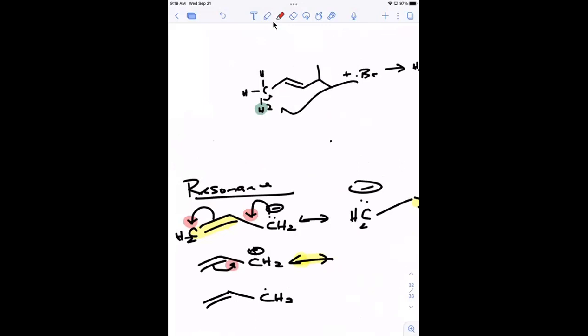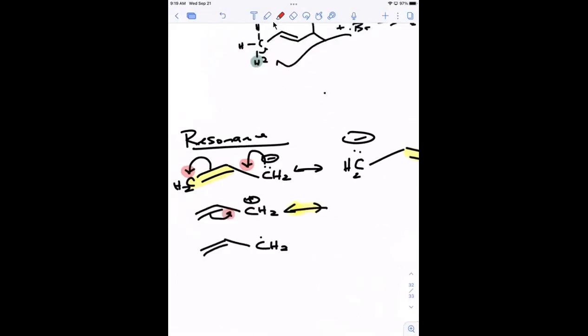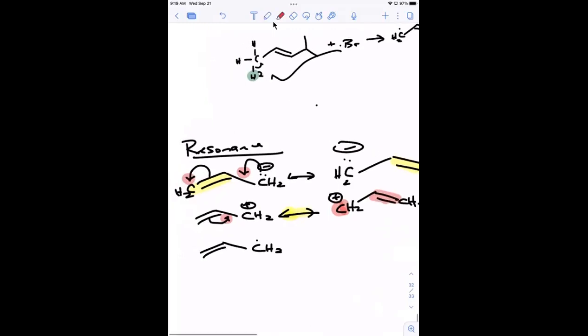So when I'm pushing arrows, I'm either going to use an arrow that indicates moving 2 electrons or 1 electron. So here I move the pi bond over for the cation, and then I end up with the plus charge now being on this carbon, and the pi bond moved over. You can see that.